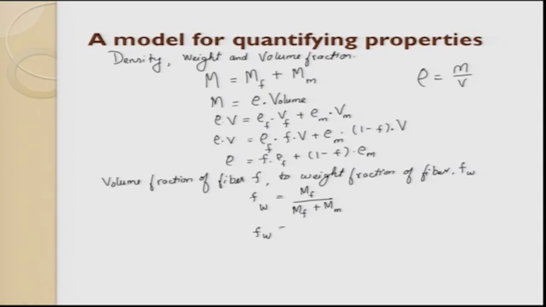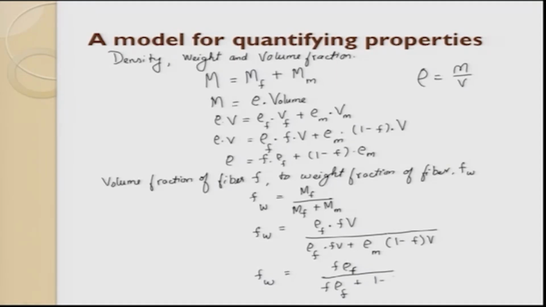This can be written as rho of F into F V divided by rho F into F V plus rho M into 1 minus F into V. This can further be written as F rho of F divided by F rho of F plus 1 minus F into rho of M.